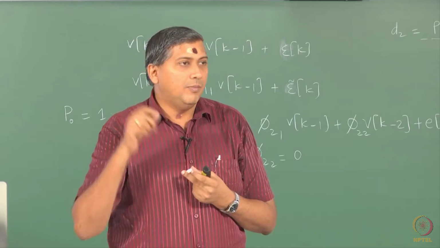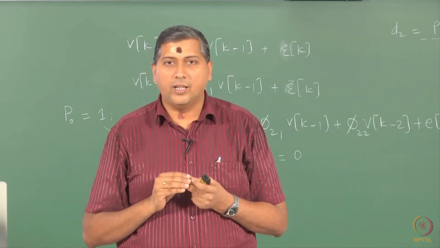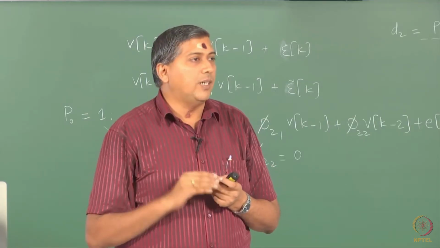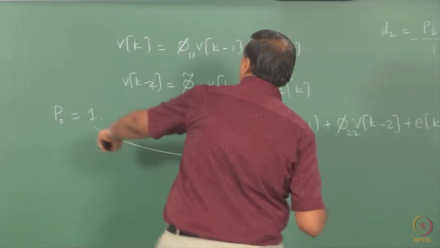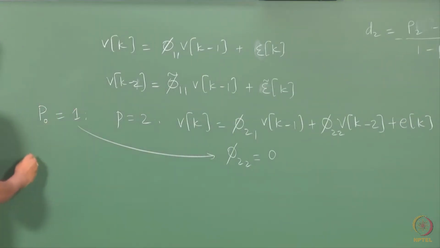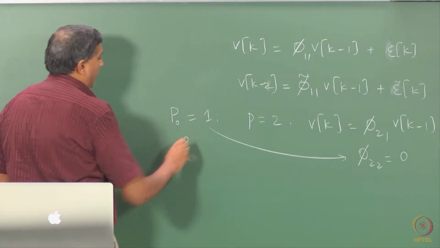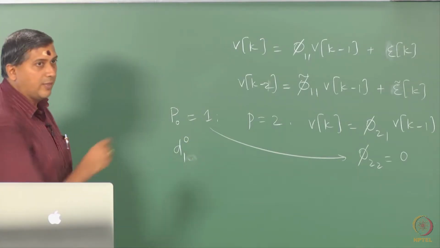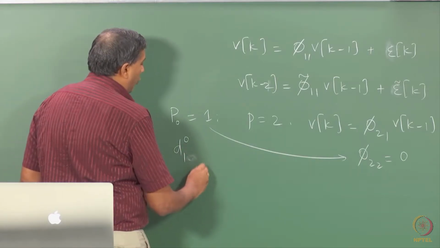Because if the underlying process, let us say, is first order with some coefficient d1 naught. So we have said p naught is 1, let us say the coefficient is d1 naught. This is how the underlying process evolves. Therefore, what would be rho 1?